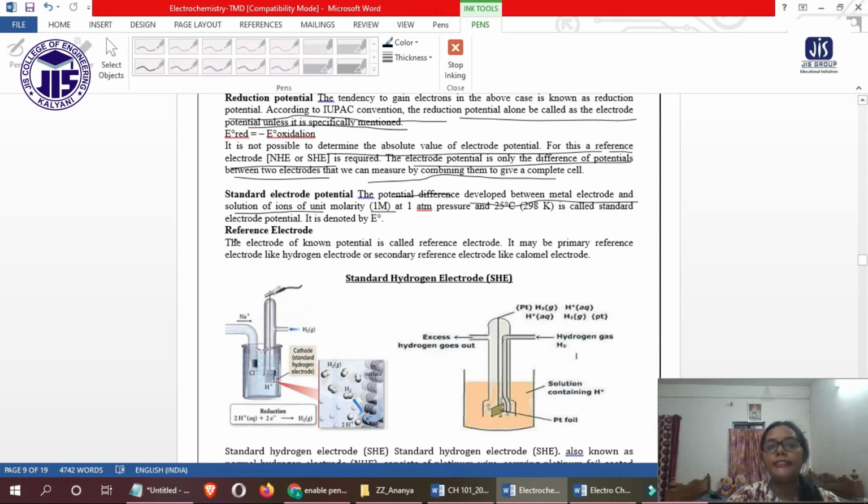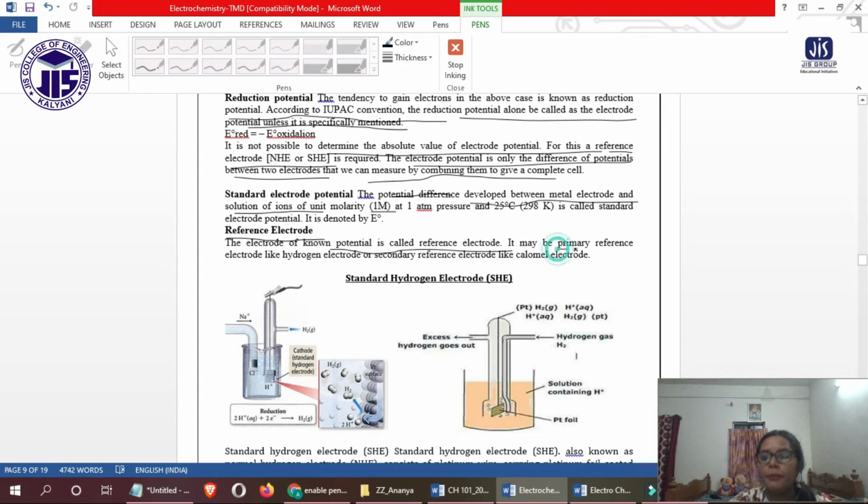Now reference electrode. What is a reference electrode? The electrode of known potential is called the reference electrode. Whatever electrodes we have, if the potential is known to us, that is called a reference electrode.